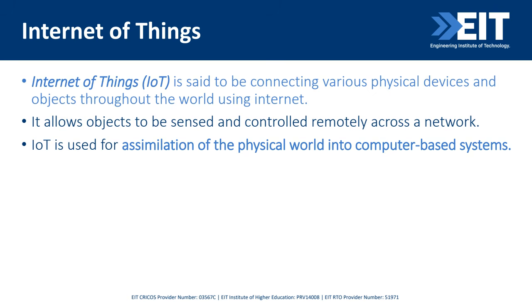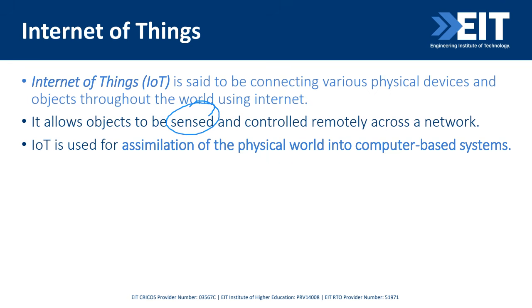Now, typically the things that we deal with, the things that are connected to the internet, are sensors that will allow us to sense variables, such as you are measuring temperature, and sitting anywhere around the world, you can open your smartphone and see what's the temperature, for example, in your house. So sensors. Sometimes they also have actuators, meaning you can act.